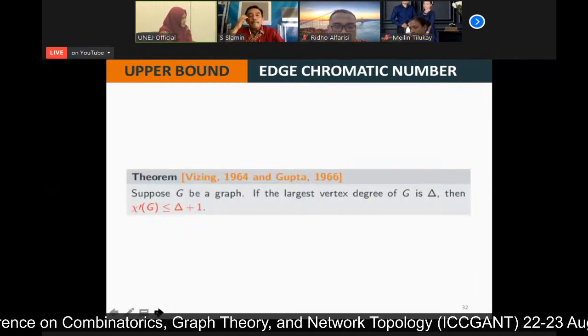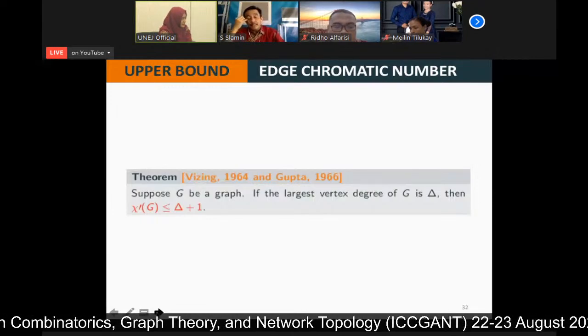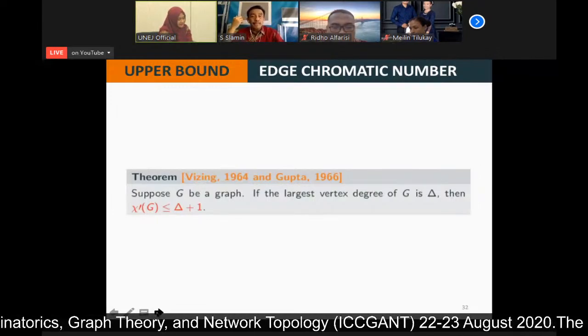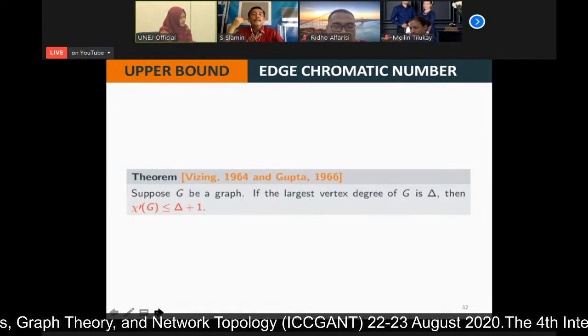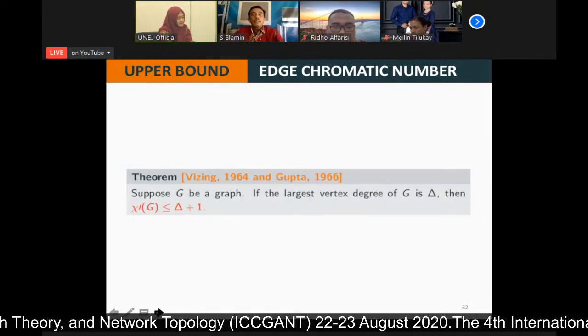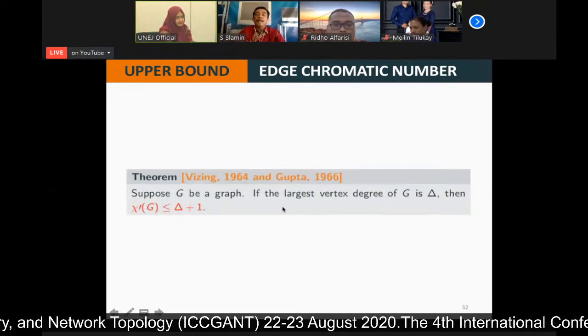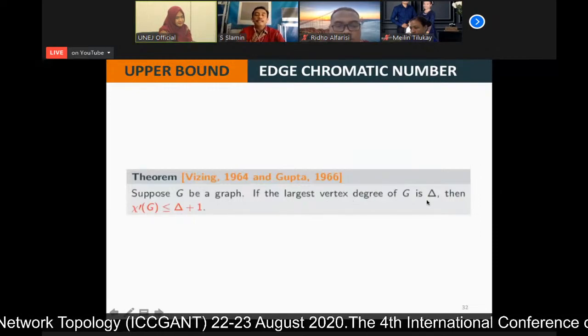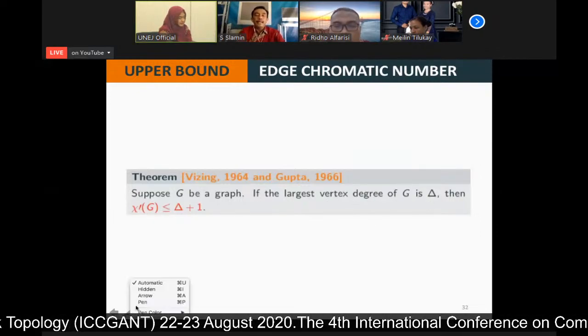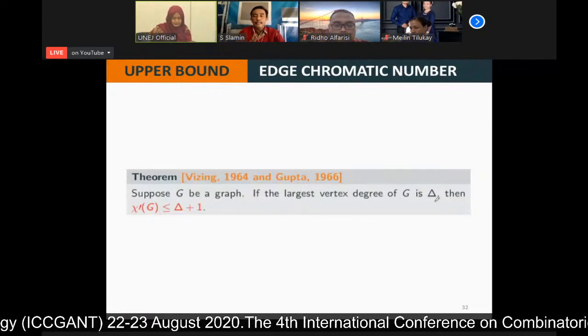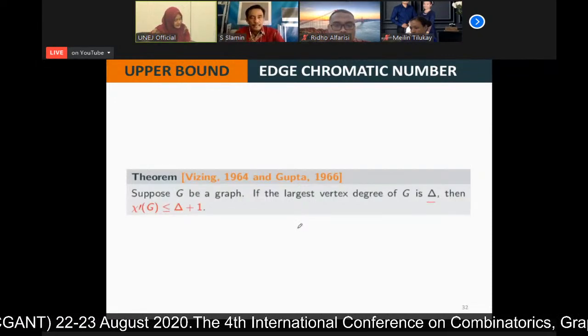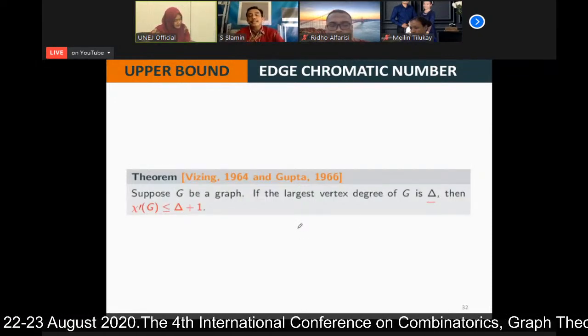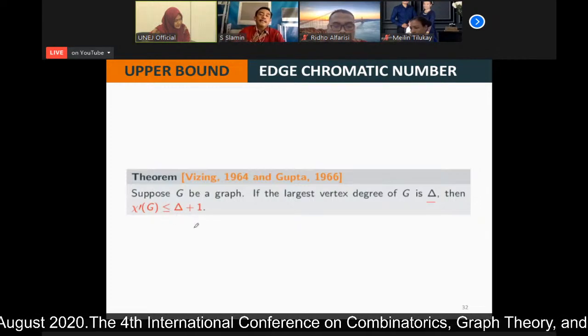Okay, the upper bound is given by, I think this one is also very famous, Vizing and Gupta. Suppose G is a graph. If the largest vertex degree of G is big delta, then the upper bound of the edge chromatic number of G is big delta plus 1.